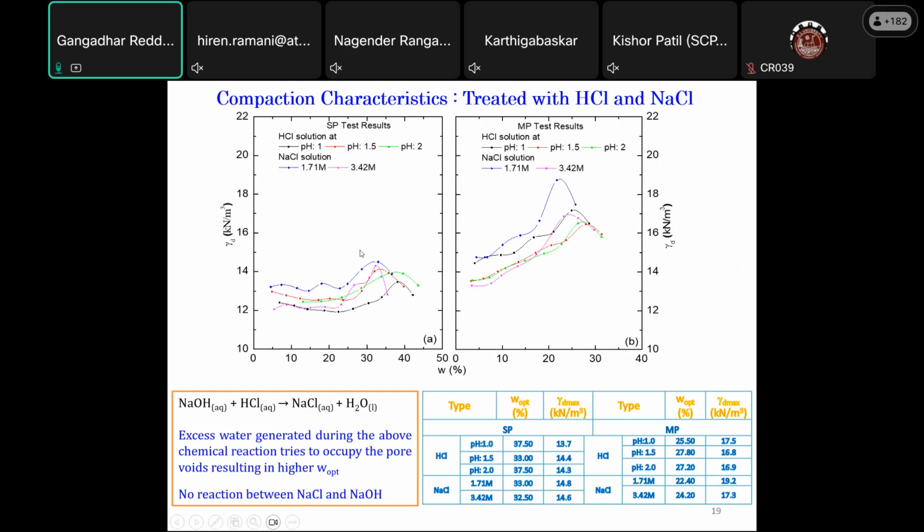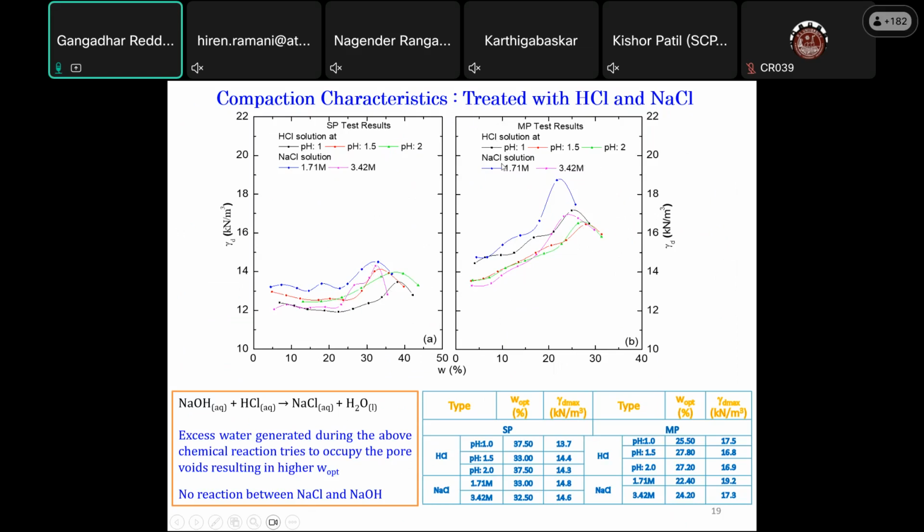Interestingly, there is not much change in either OMC or MDD values in the standard test, but there is a little change in the water content, that is, OMC. Whereas in the modified Proctor, obviously there is a clear distinction when I used NaCl solution and HCl solution of different pH values.